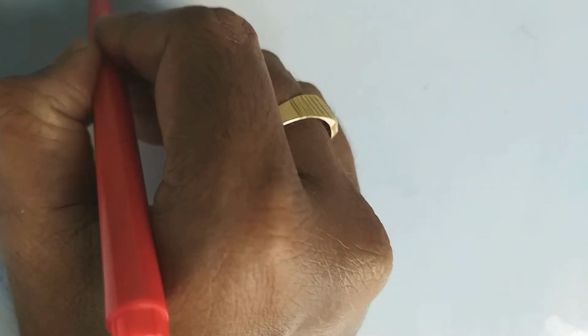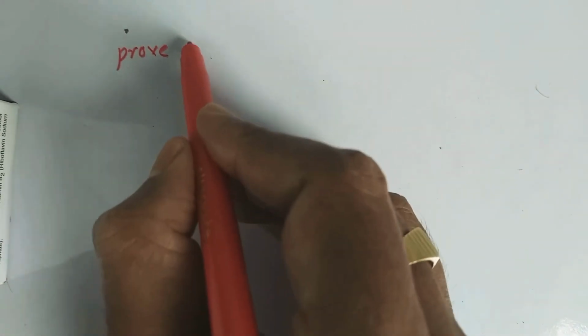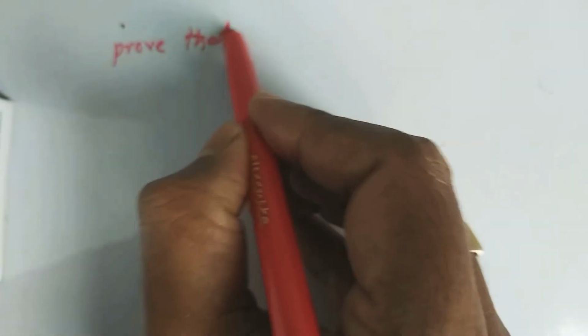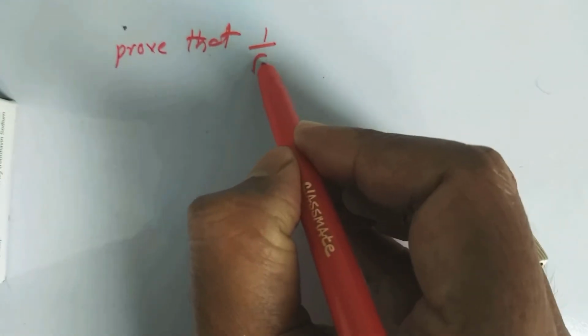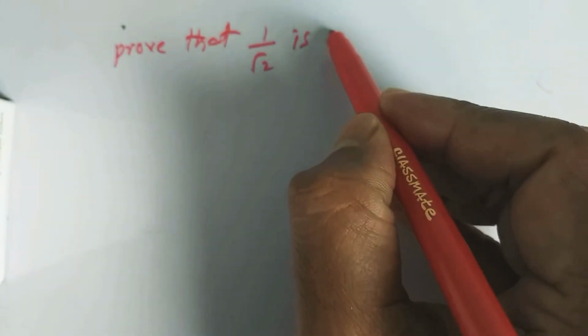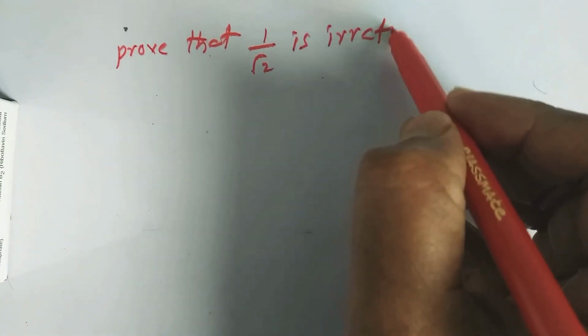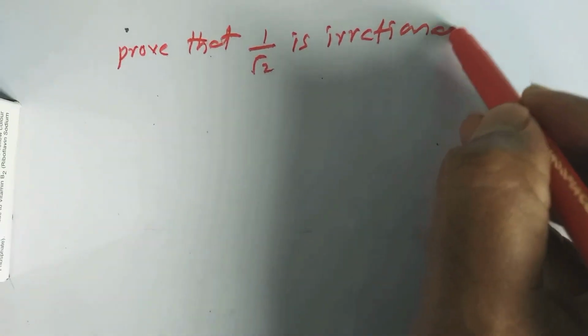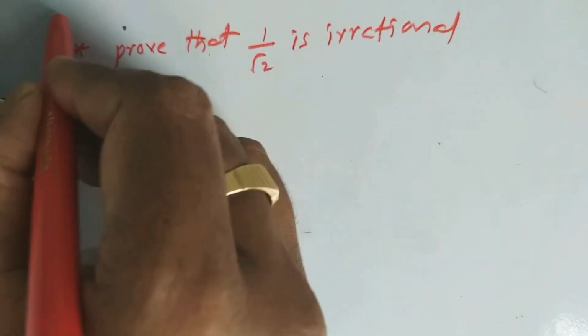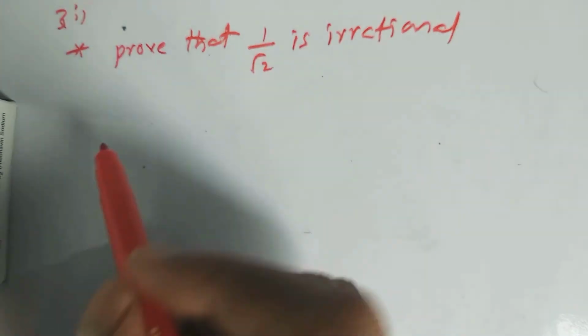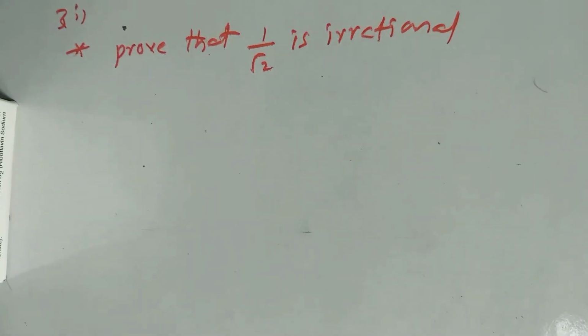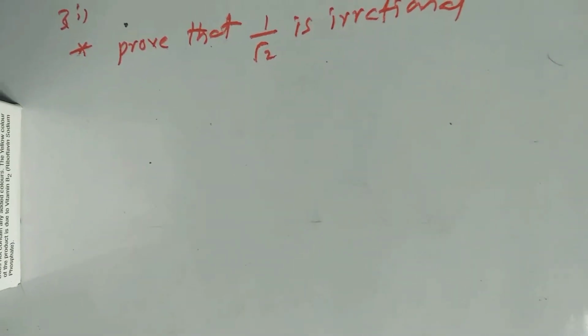The question is: prove that 1 by root 2 is irrational. Clear? This is the third question, first part, in exercise 1.3. How can we prove it?